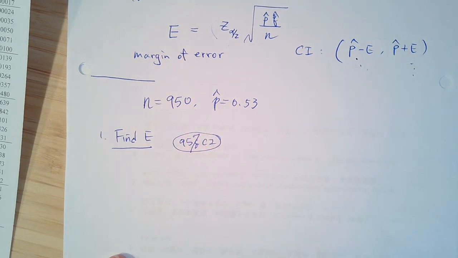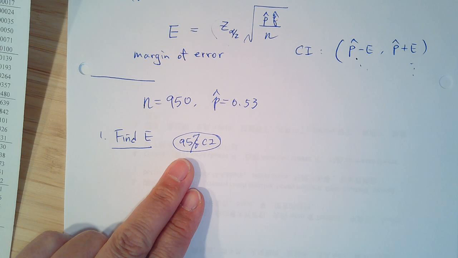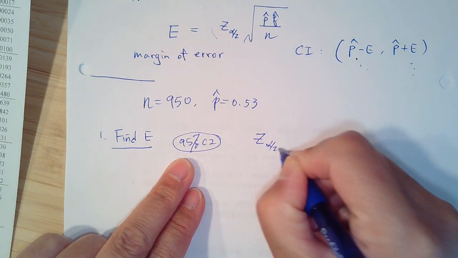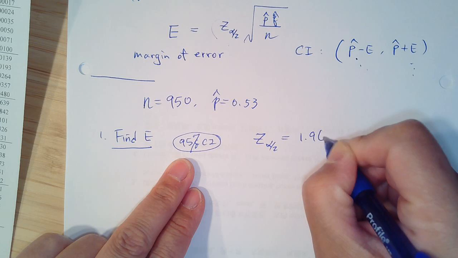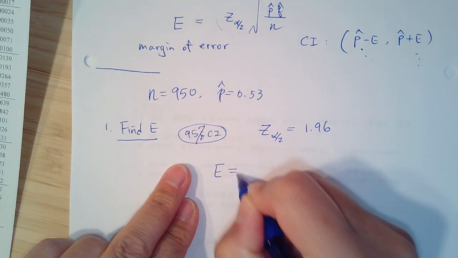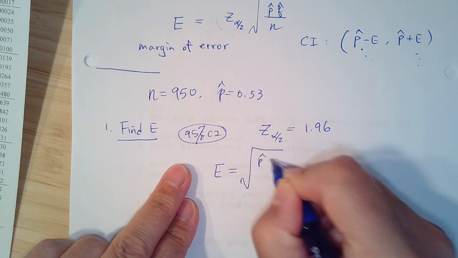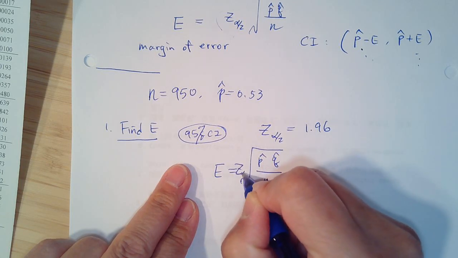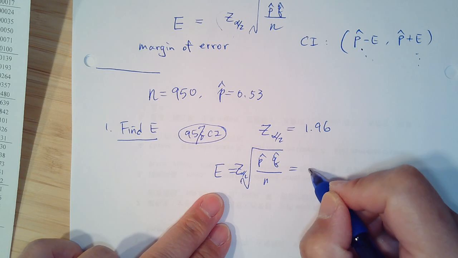Okay, if you say here 95% confidence, then you're going to know the Z alpha over 2, the critical value, is 1.96. And the formula E is just Z alpha over 2 times the square root of P hat Q hat over N. Therefore, it's easy.